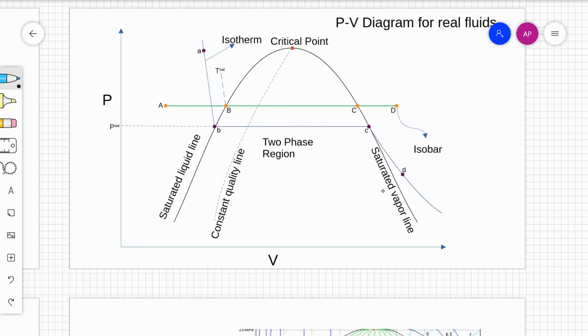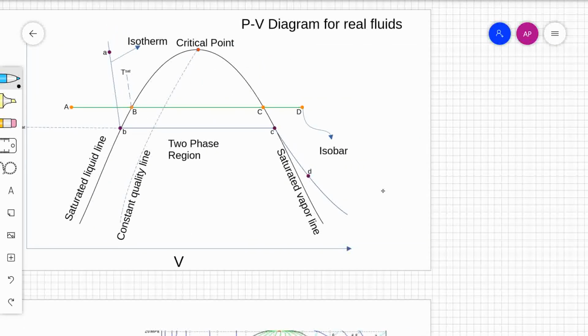What you see, the blue dotted line is the constant quality line. On this constant quality line, any point represents a fixed percentage of vapor in the liquid. How do we define quality?